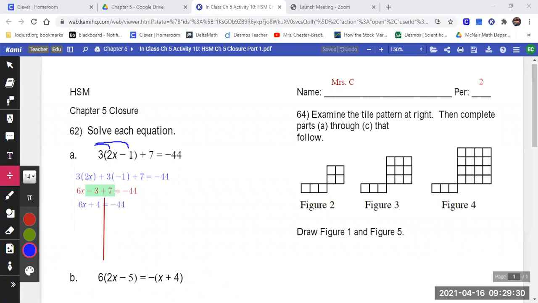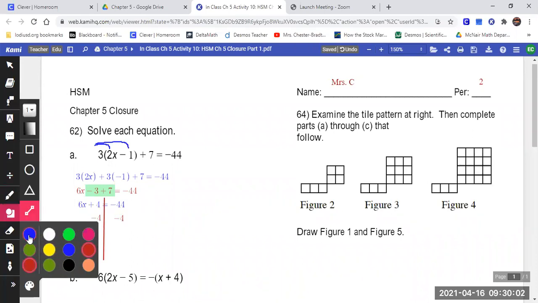Yep, we're going to subtract the 4 from both sides. Okay, so -4 from the left. Whatever we do on the left, we have to copy and do on the right.